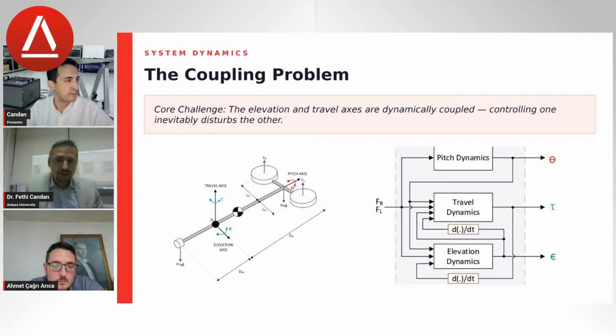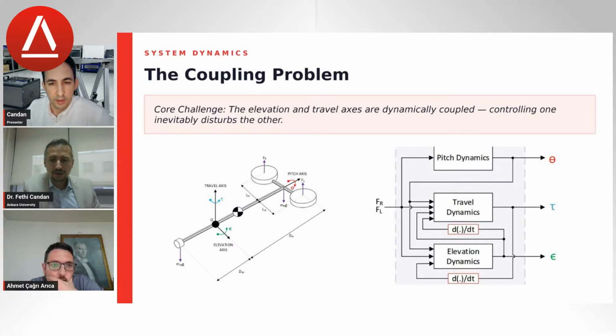If you consider the classical pitch dynamics, they have only one input. The output gives us the pitch values, pitch attitudes, and the pitch angular velocities. But the travel and elevation dynamics are directly input and output to each other. So that gives us the coupled dynamics inside the block diagram.